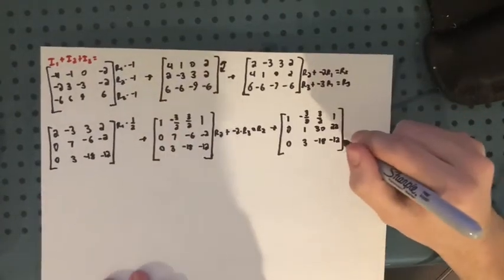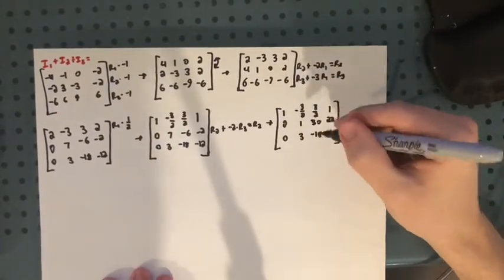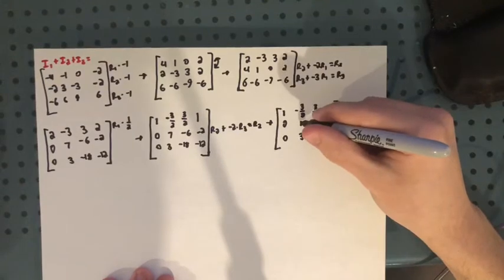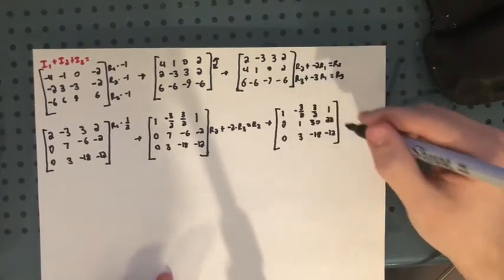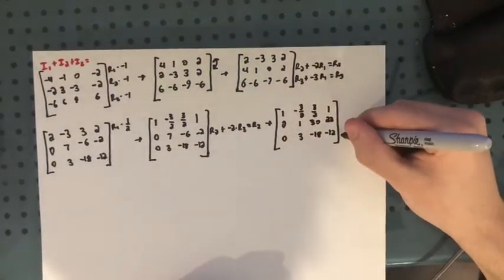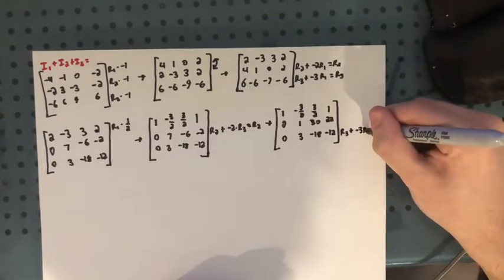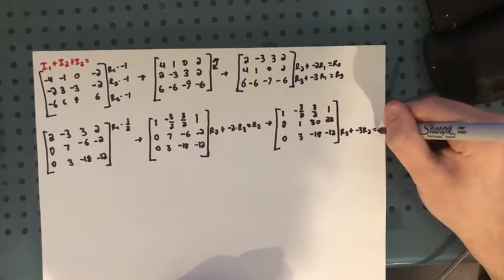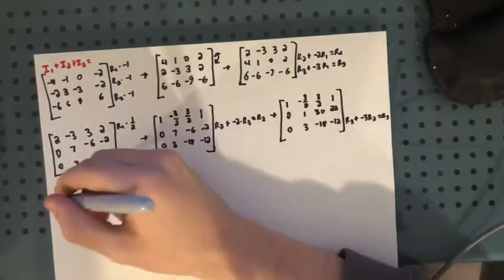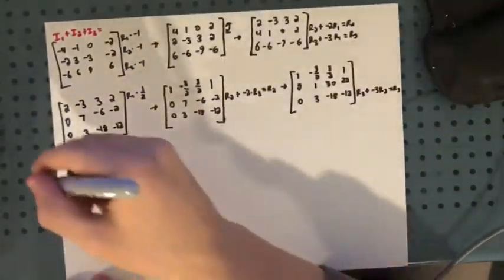For the next one, we want to bring this down to 0. So if we take row 2 and multiply this 1 by negative 3 and add that to this 3, we're going to get 0. So we're going to have row 3 plus negative 3 row 2 is going to equal row 3, and we'll draw this down here, make sure I'm still in the frame.